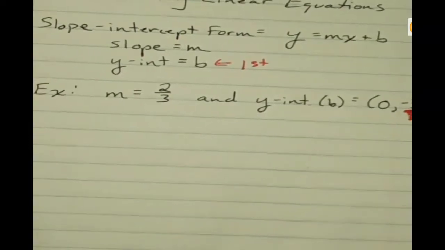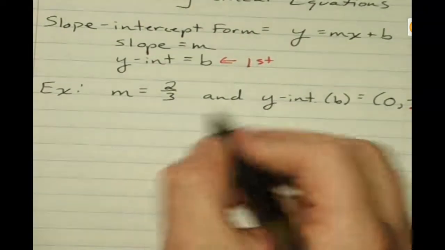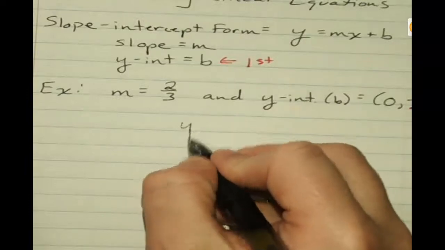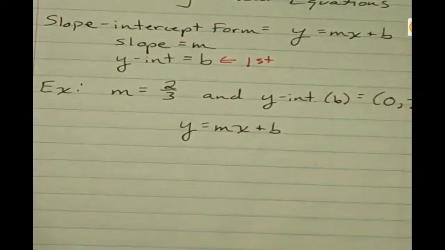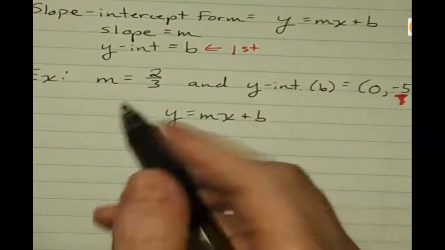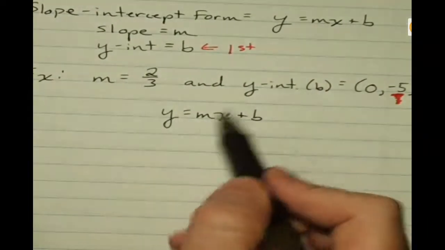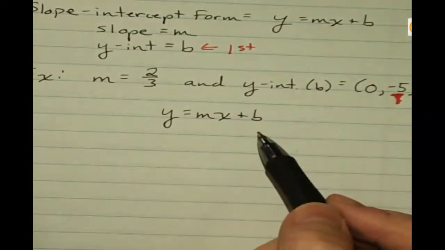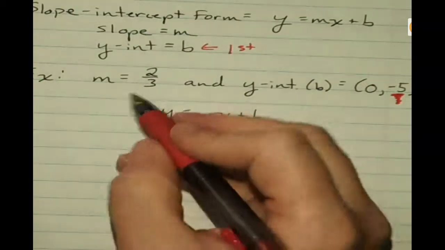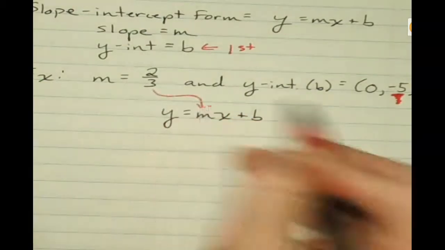Okay. So if our slope-intercept form is y equals mx plus b, all we're going to do is substitute the m and the b for the information they gave us. So if this is m, we're going to stick it here.